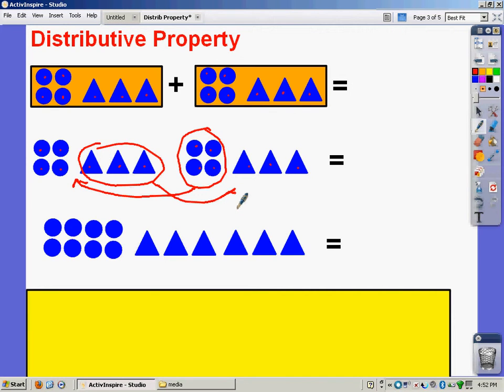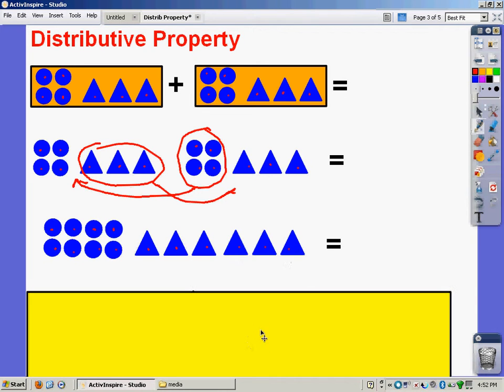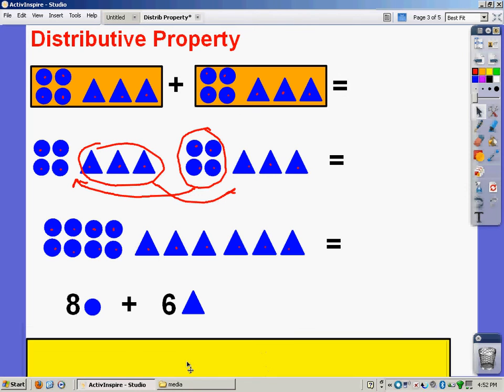So once I rearrange, I just count, what is it that I have? 1, 2, 3, 4, 5, 6, 7, 8. I have 8 circles, and I have 1, 2, 3, 4, 5, 6 triangles out of both of these boxes. But in mathematics, I tend to think of it differently.